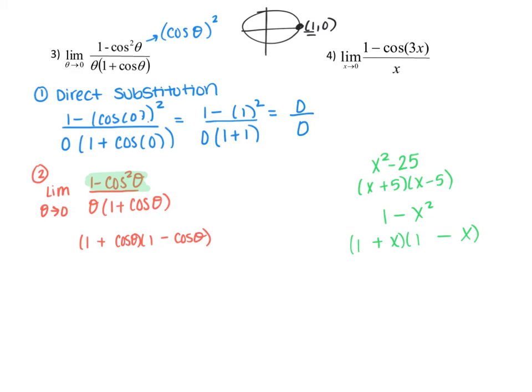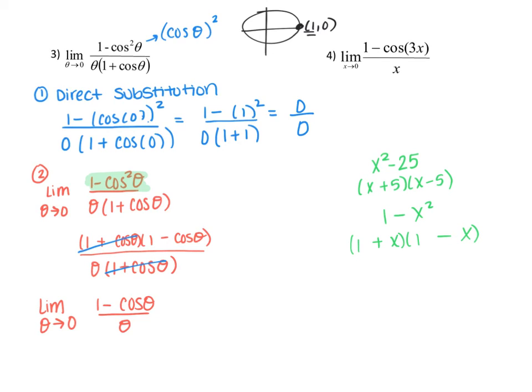And then I can divide this by the original theta (1 plus cos theta). And you should see that these 1 plus cos thetas are the same, so they actually cancel. So we're left with (1 minus cosine of theta) all over theta. And we want this limit as theta approaches 0.